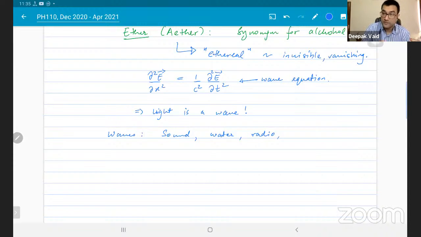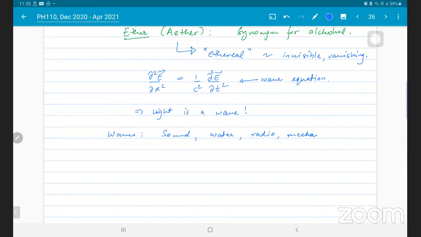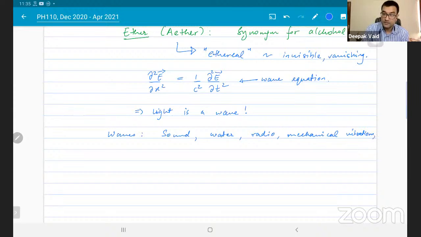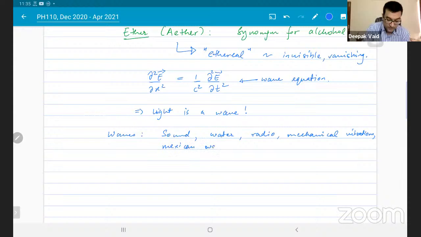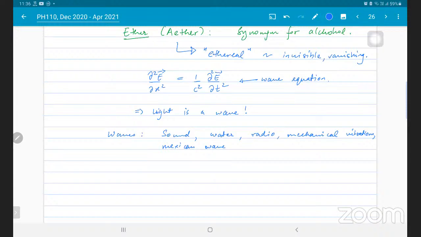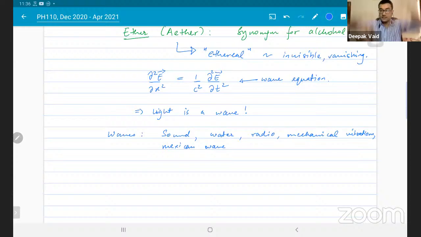Then you can have waves in objects, right? Mechanical vibrations, longitudinal. Those are different kinds. Then you can have the Mexican wave. You know what the Mexican wave is? It's what you do in stadiums when everybody raises their hands and then lowers them.